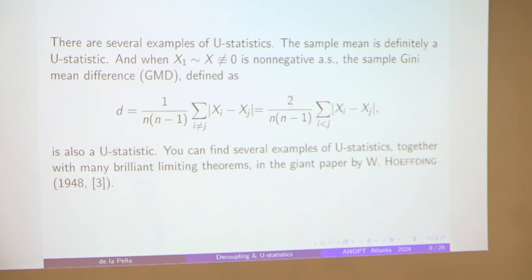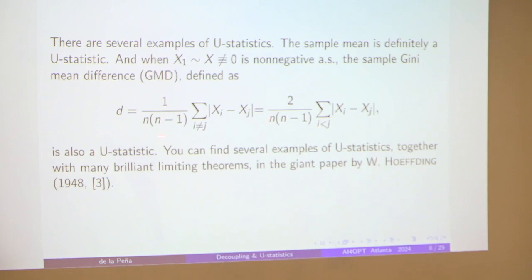So the way things work, suppose that the variables are positive in this case. So the variables are incomes. So you have n incomes, okay? And the empirical Gini mean is going to be the sum of the absolute value of xi minus xj over n choose 2.